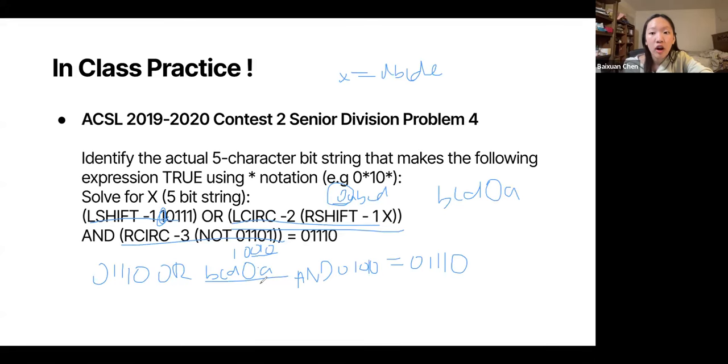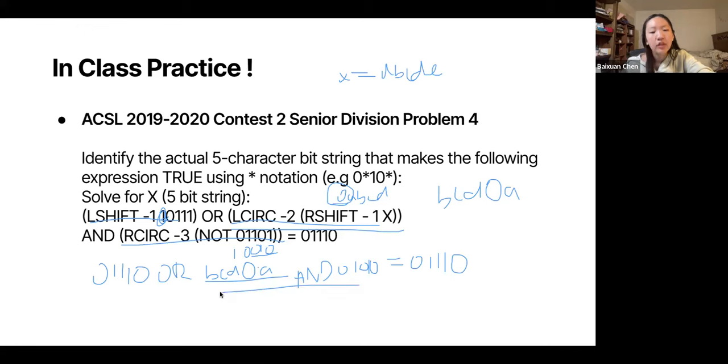So according to order of operations, we would solve for this one first, and then we would do the or. So we know that we have to figure out what this expression is equal to, and then we can or it with this one to reach this one. But since we can't do that, we're going to work backwards.